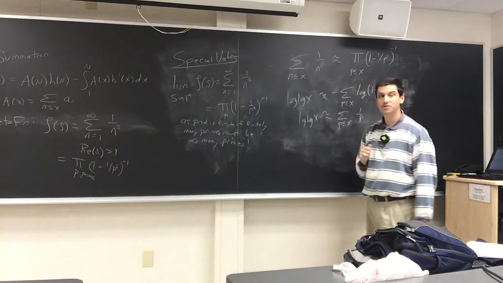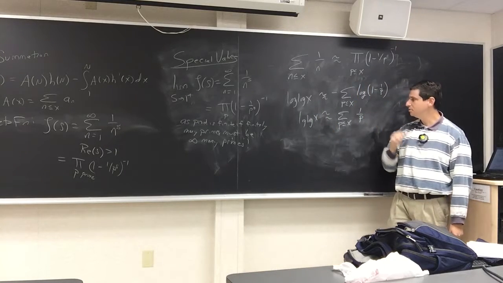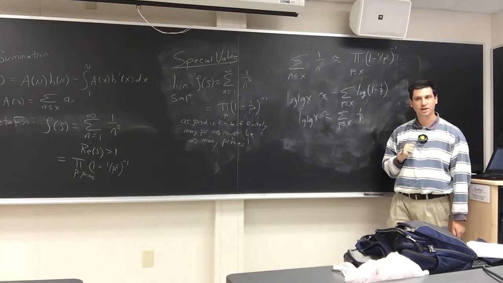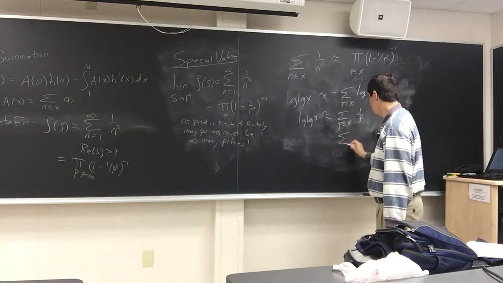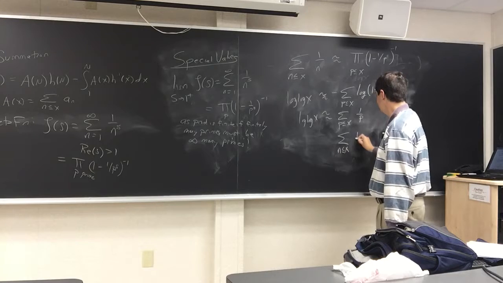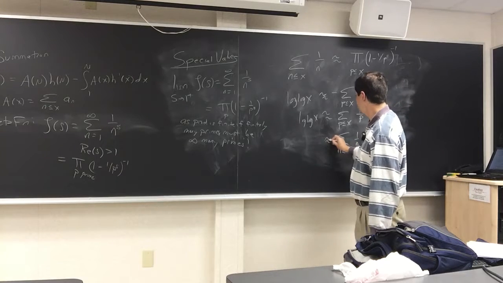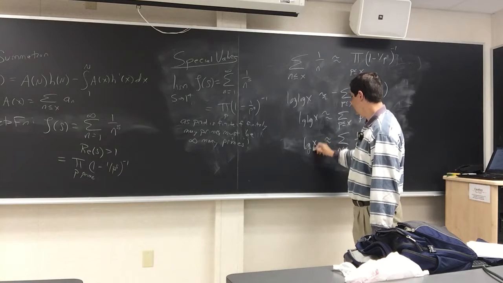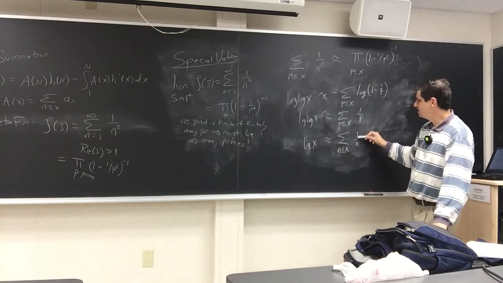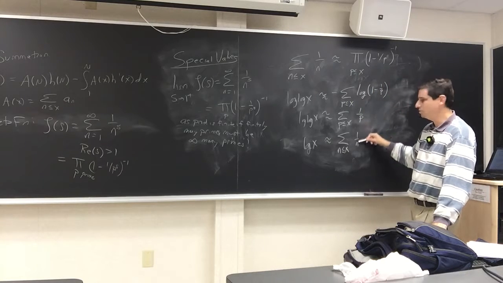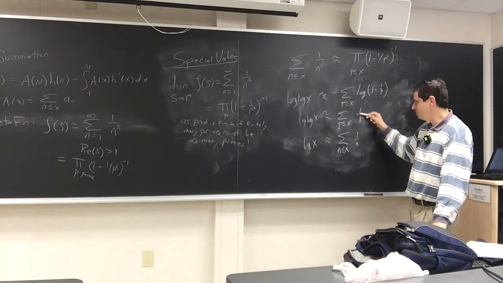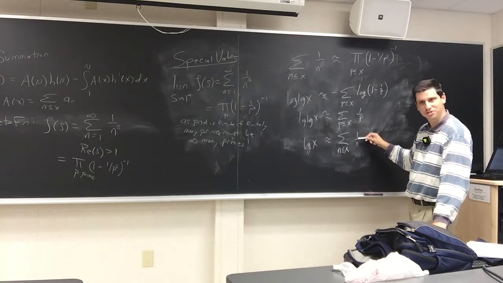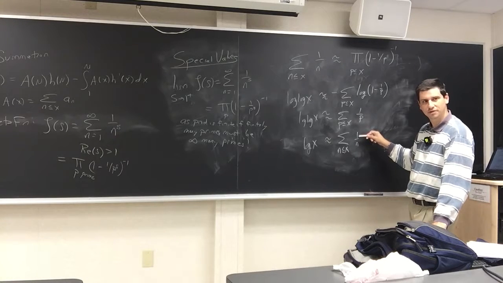And it turns out that this result is actually correct. The sum of the reciprocals of the primes is about log log x. And if you think back to the sum over n less than or equal to x of 1 over n, this is about log x. Does it make sense that this is smaller than this? Yeah, every term here is here, and this has a lot more terms because most numbers aren't prime.